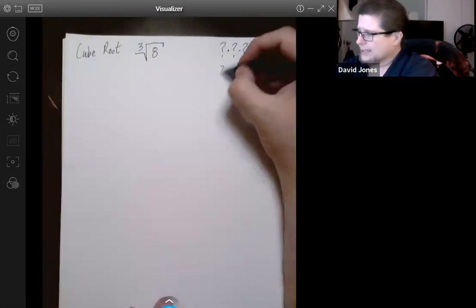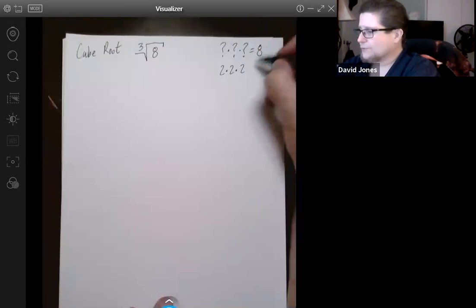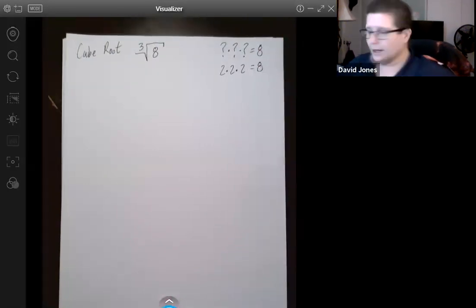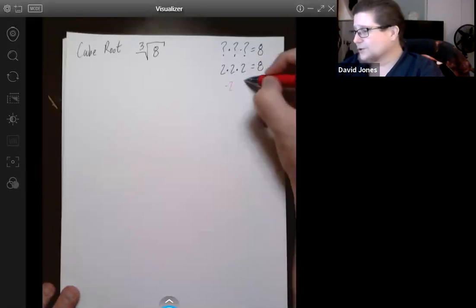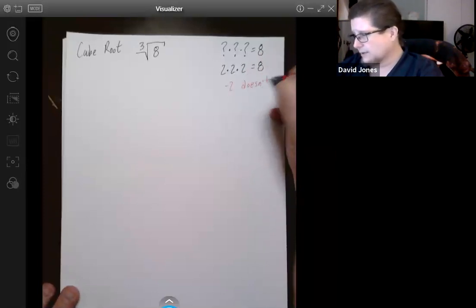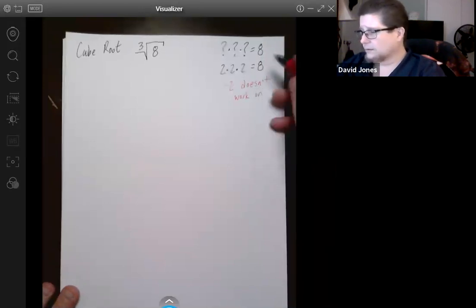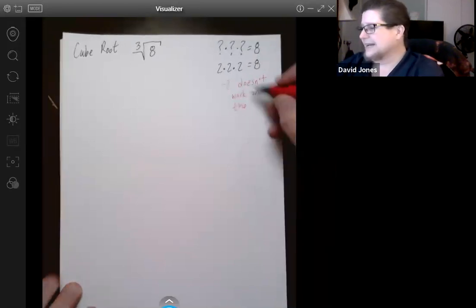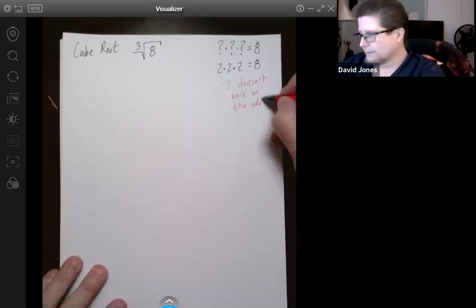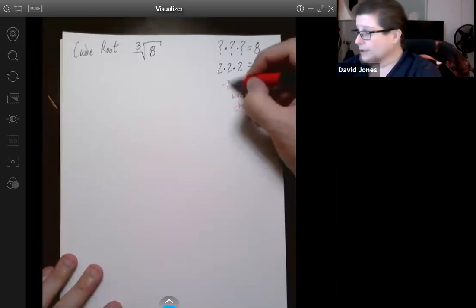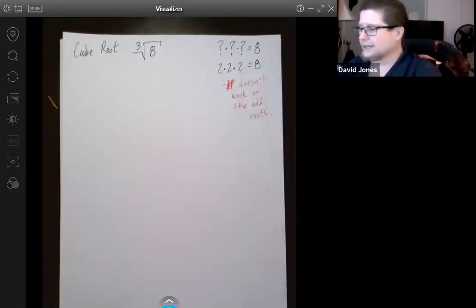And we know that's got to be 2 times 2 times 2. The -1 doesn't work here. Notice that. -2 doesn't work on the odd roots, I'm going to say. The negative number in general doesn't work on odd roots. It doesn't give one of the answers.